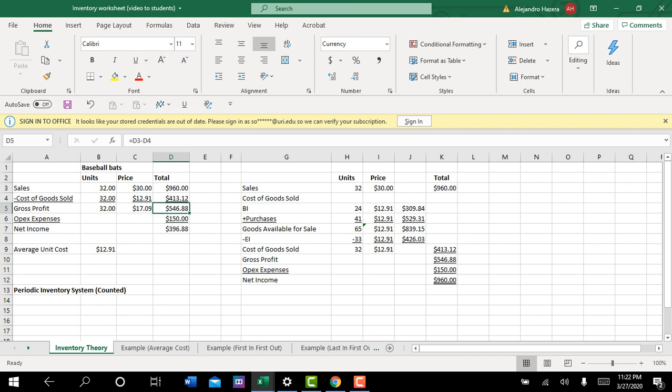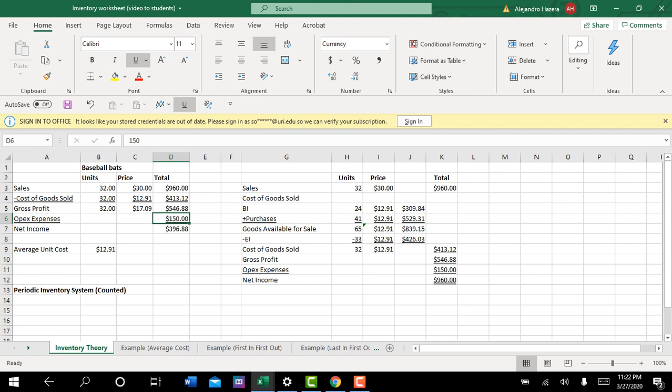And this is why gross profit is so important, because if you don't have enough gross profit, if your gross profit goes down, in this case, we have 546.88. That 546.88 is more than enough to cover those operating expenses. But if it starts going down, you may not have enough to cover your operating expenses, and you've got to start adjusting.